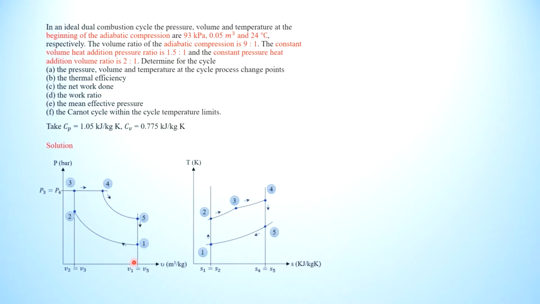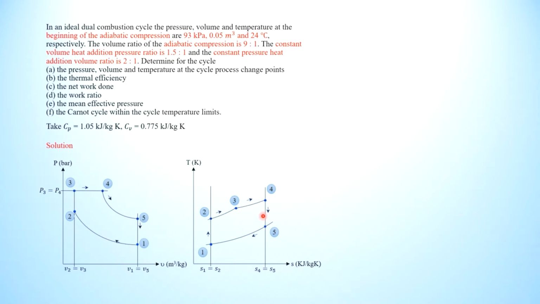So this is your PV and TS diagram. For the dual combustion cycle, you have one constant pressure process, 3 to 4, two constant volume processes, that is 2 to 3 and 5 to 1, and two isentropic processes.